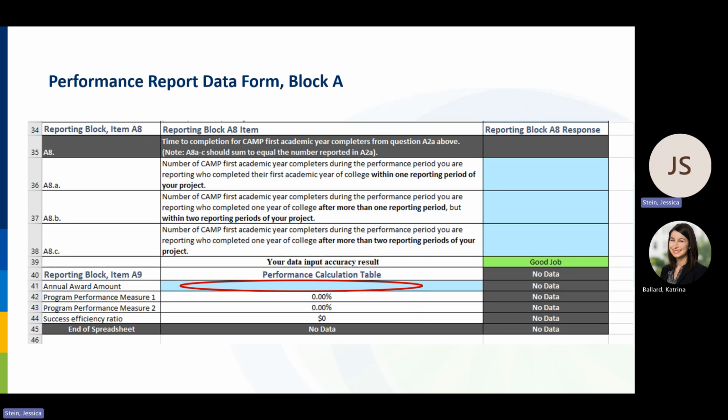This is the amount found in the grant award notification known as a GAN. We find that not entering the amount into this cell is a common submission error. It can be difficult to see this particular cell due to its location on the form. After you've entered all data into the turquoise cells, performance measures 1 and 2 and the success efficiency ratio will automatically populate.